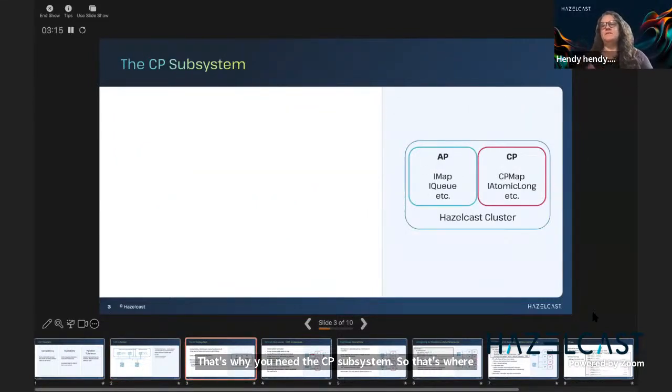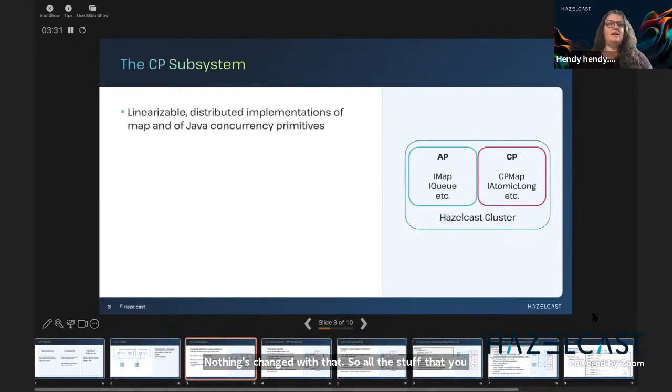The CP subsystem runs alongside the normal Hazelcast AP system. So the Hazelcast that you have been using all along still exists. Nothing's changed with that. All the stuff that you know about IMap and all the stuff you know about split brain still applies. What we've added is this CP subsystem that provides consistency for the data structures that require it.